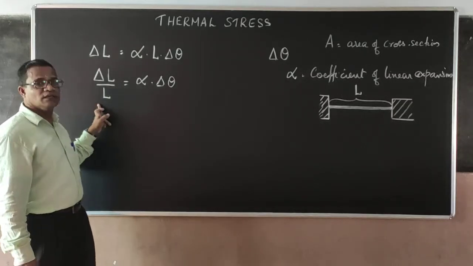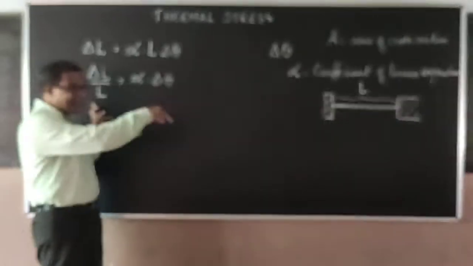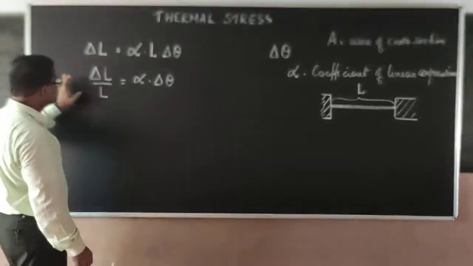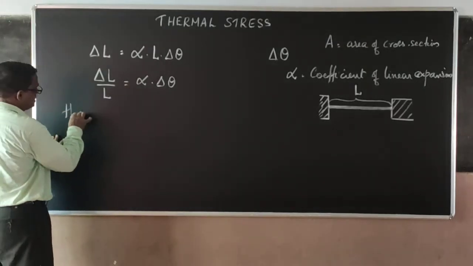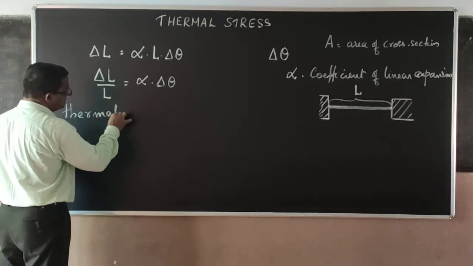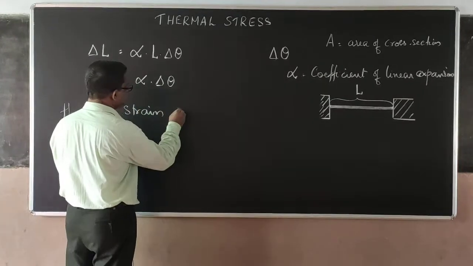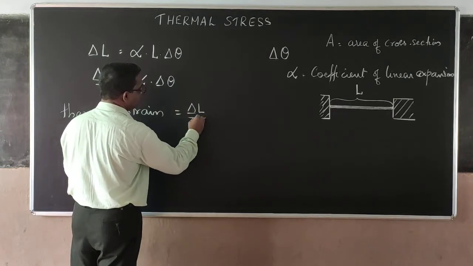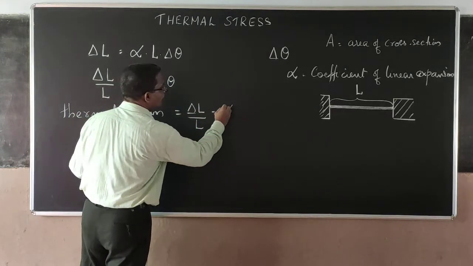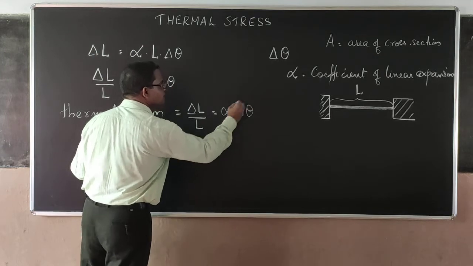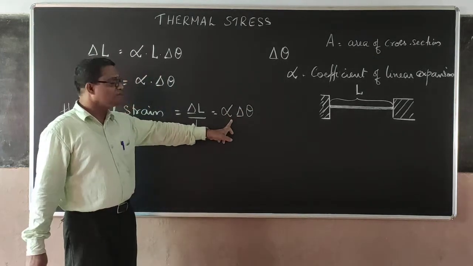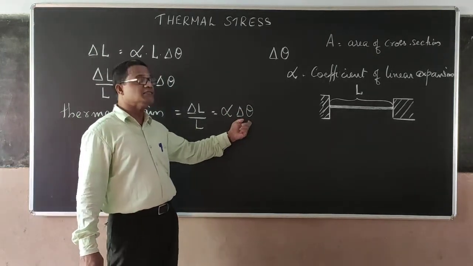So delta L by L is nothing but the strain produced by heating here, and we call this thermal strain. So thermal strain is equal to delta L by L, that is equal to alpha into delta theta, the coefficient of linear expansion into the rise in temperature.